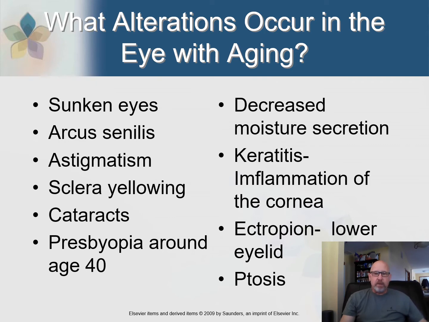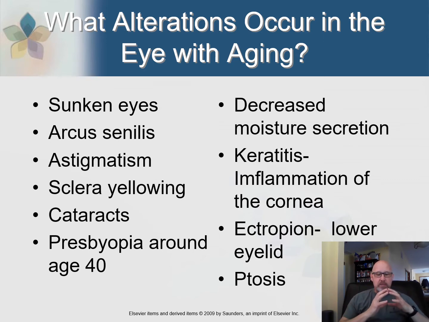All right, now what starts to happen as you get old? Well, unfortunately, like the rest of your body, not much good occurs. Your eyes become more sunken. You develop an opaque ring around the cornea.